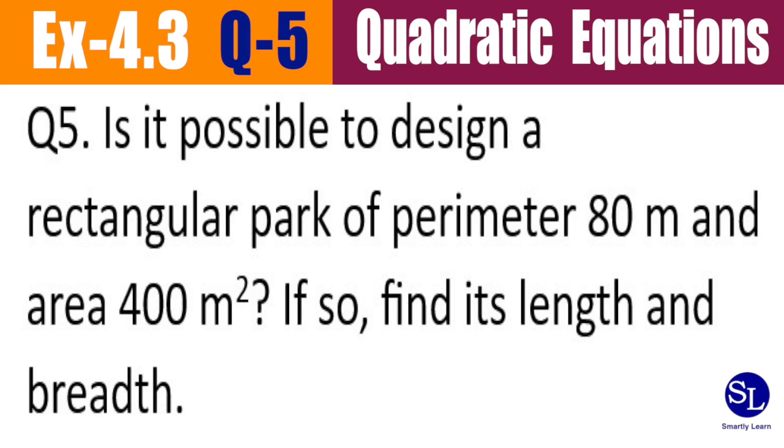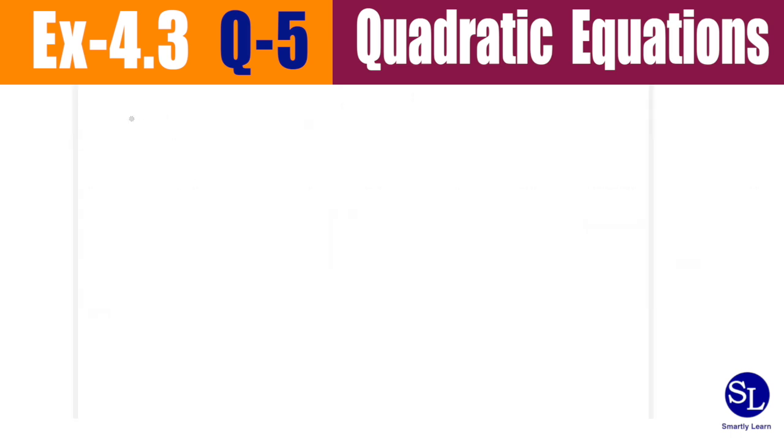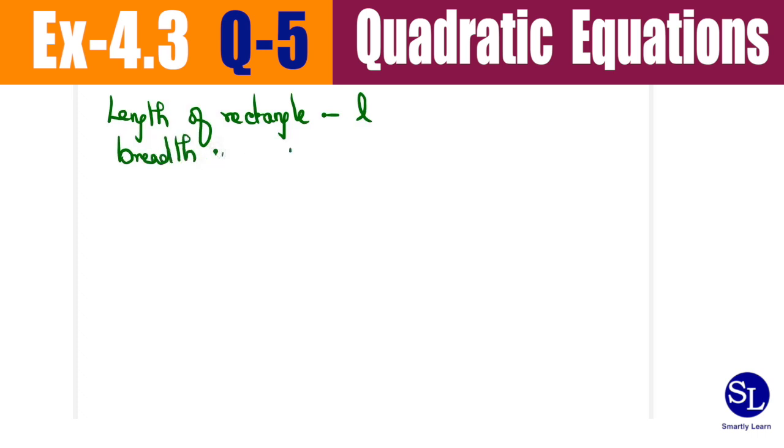So first, let's find out how to define the variables for this problem. I'm going to declare the length of the rectangle with the letter L. Breadth of the rectangle is going to be defined with the variable B. They gave you that the perimeter of the rectangle is 80 meters.